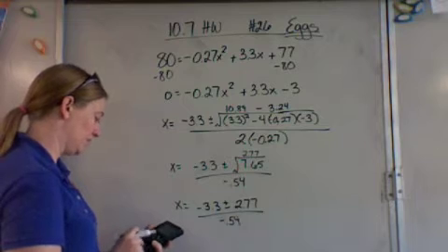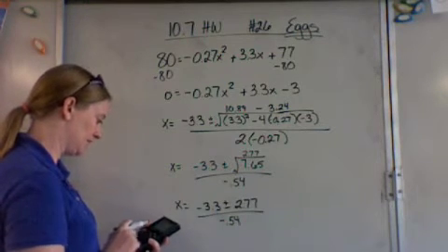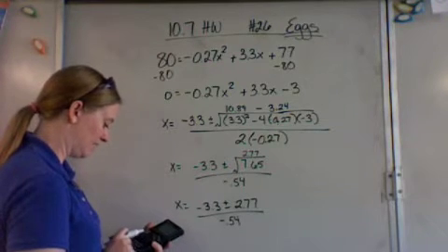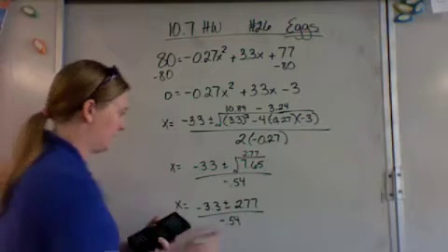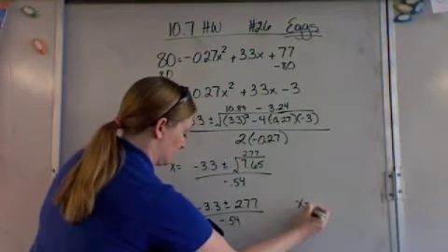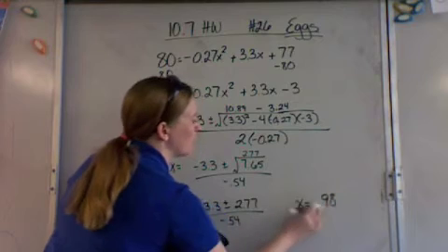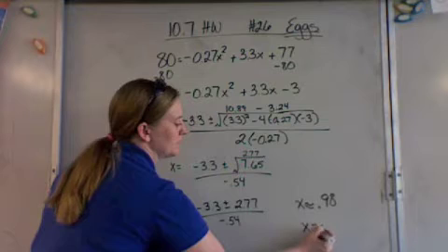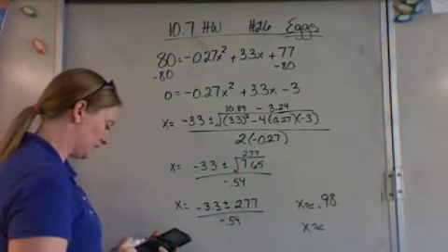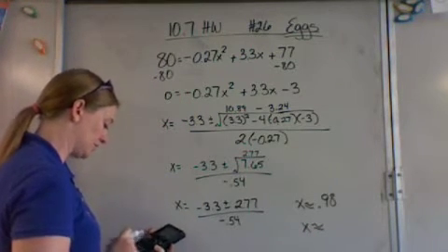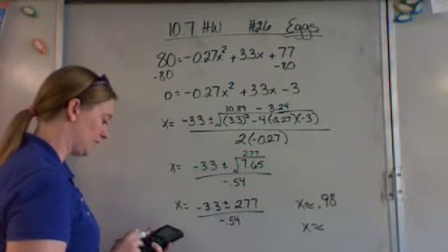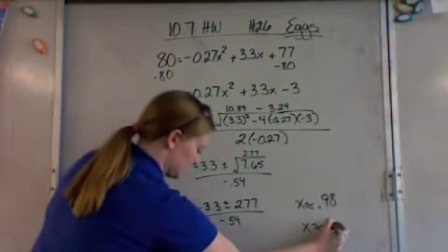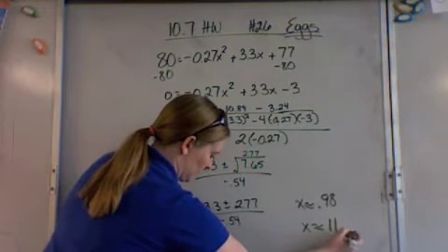Negative 3.3 plus 2.77 equals negative 0.53. Divide that by negative 0.54, and one possibility is x equals about 0.98. The second possibility is if we take negative 3.3 and subtract 2.77, it'll give us a negative number. We'll divide it by negative 0.54, and our second possibility is about 11.2.